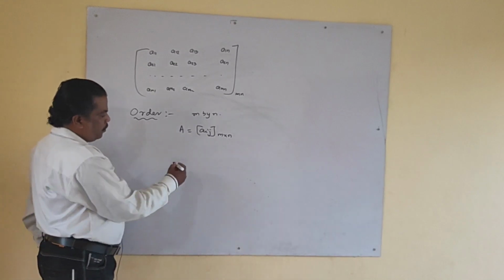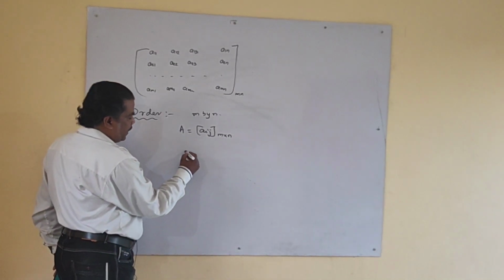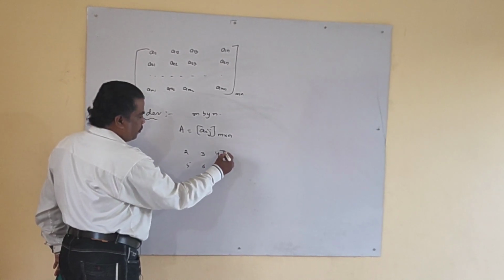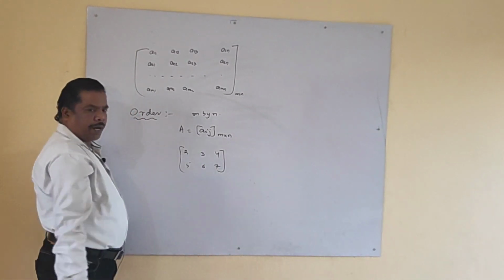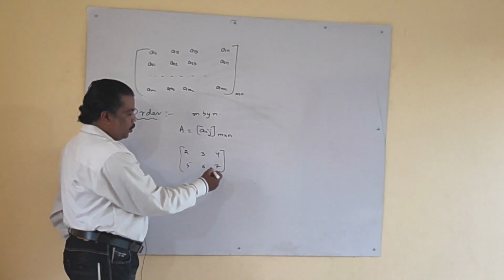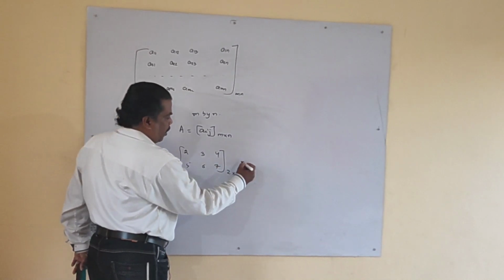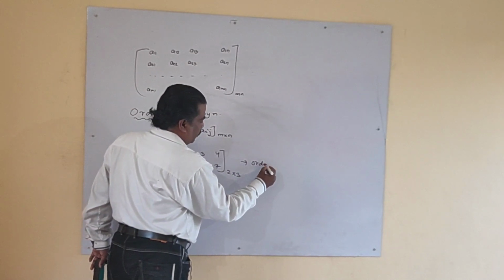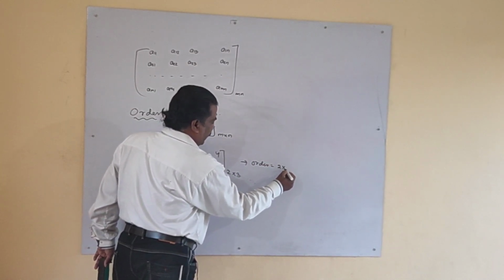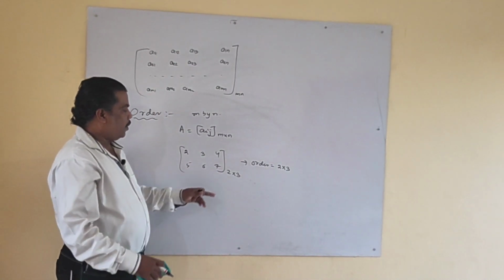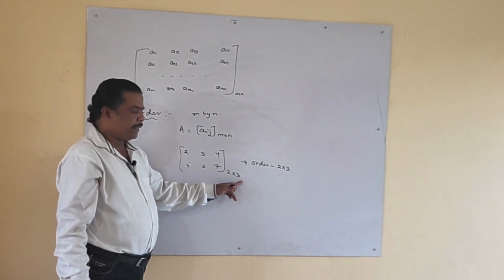As for example, you write a matrix 2, 3, 4, 5, 6, 7. The order of the matrix is 2 by 3. We write 2 cross 3, but we read it as 2 by 3.